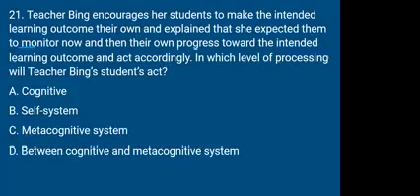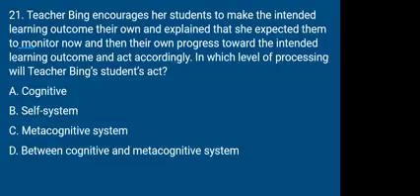So cognitive, it means you are utilizing your knowledge. Self-system as well. Metacognitive system. Between cognitive and metacognitive system, dili ko sure, hehe. Sabi ni ma'am, dili daw siya sure kung letter B ba. Okay, sige lang ma'am. Later on, we will know about this. Okay? So what do you think is the answer for this one?